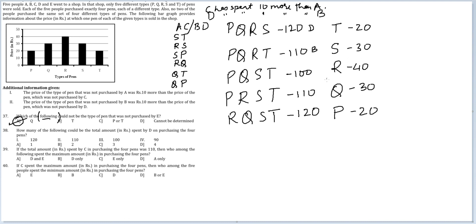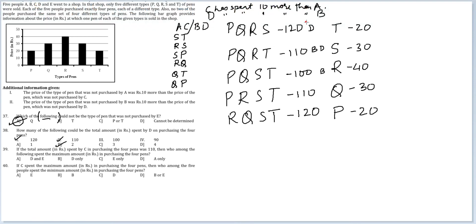You can have one case like this, or D here, B here, this also works. But if D spent 100, B will not exist at all. That is impossible. If D spent 90, B will not exist at all. In fact, D cannot spend 90 because 90 as an expense is not available at all. So these two are possible. Therefore, the answer for next question is option B, 2.